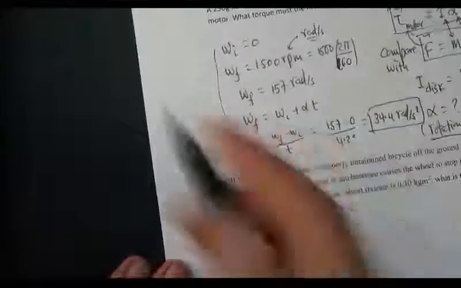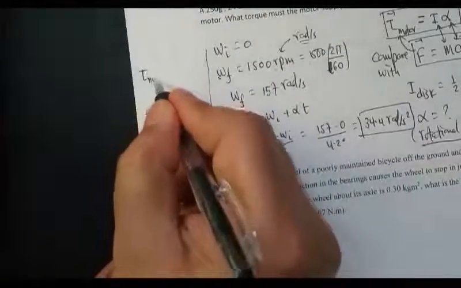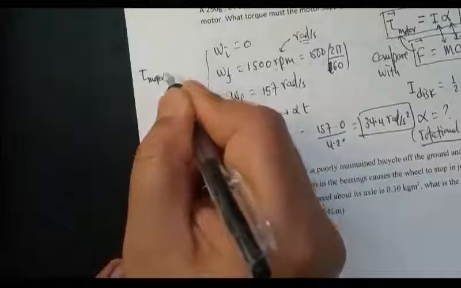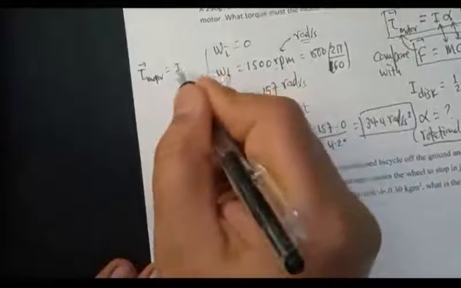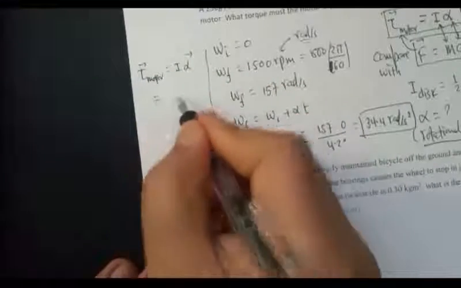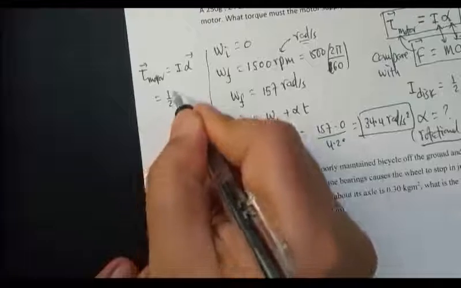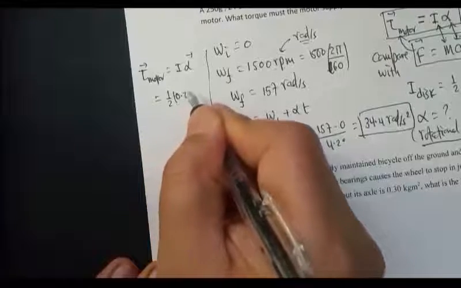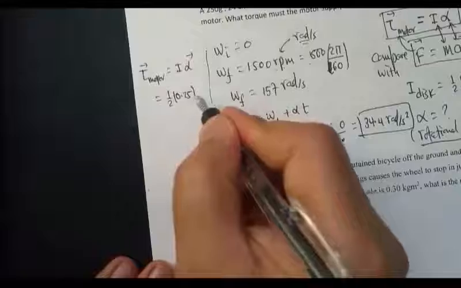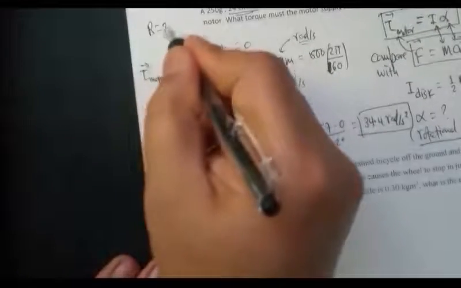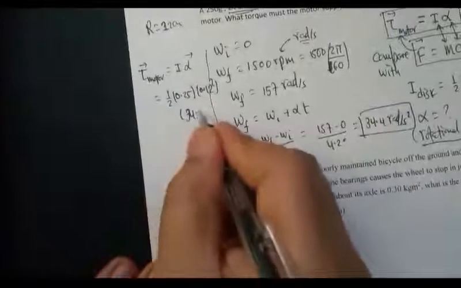So I'm just going to do it here. Finally, the torque produced by the motor is I times alpha. So I is 1/2, the mass of the motor is 0.25 kilogram, and the diameter is 24 centimeters, so the radius is 12 centimeters, 0.12 squared, times alpha, which is 34.4.